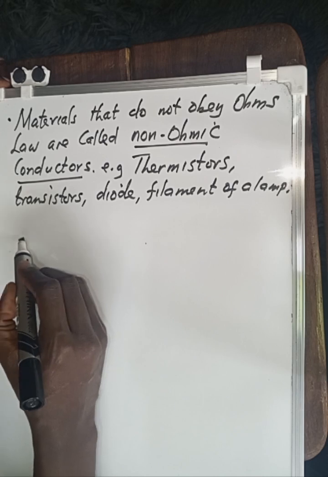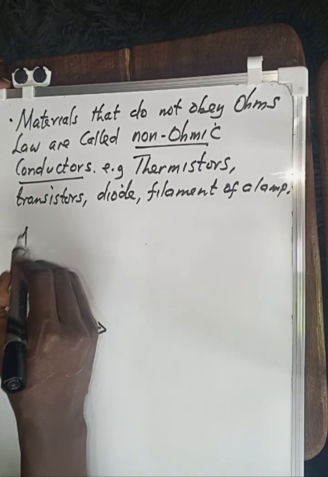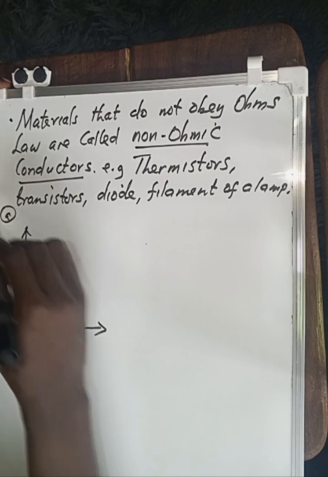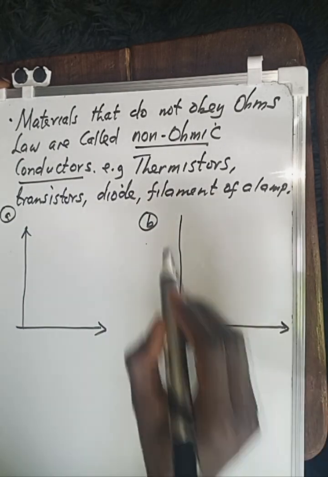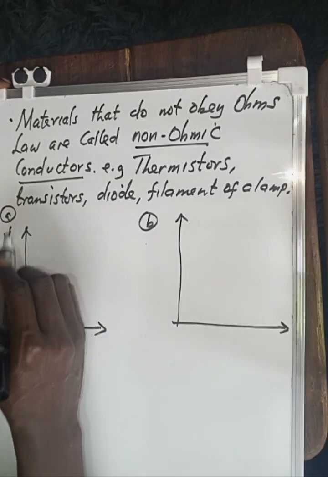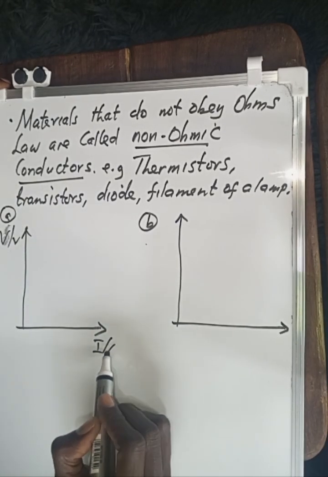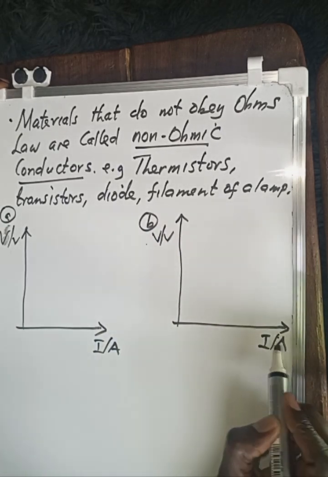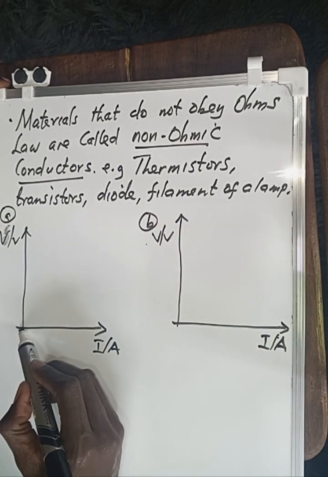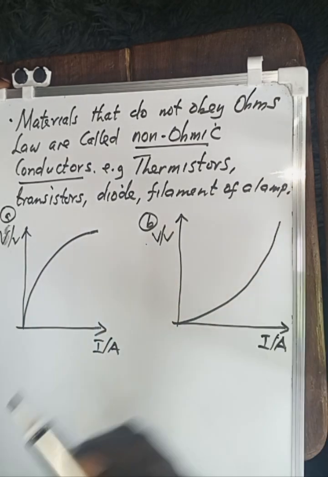Now, graphically, when you plot non-ohmic conductors on a graph, I'll put up two types of graphs that you may see when a material is non-ohmic, with voltage in volts and current in amperes. You may see such a graph, or you may see a graph in that direction.